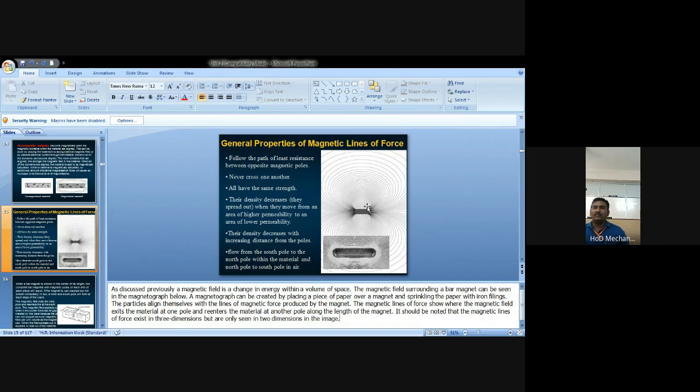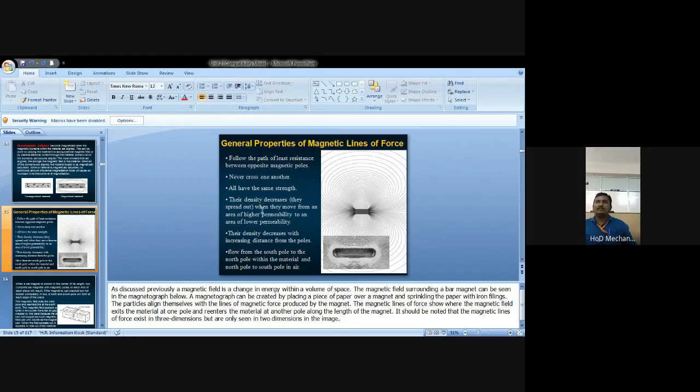They never cross one another. All of the magnetic lines have the same strength; various strengths are not allowed.